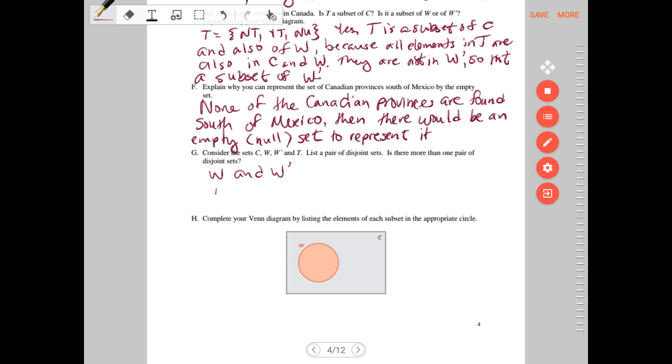Okay? We know that T is also not a subset of W prime, so therefore they would be disjoint. Okay? So, again, disjoints are sets that do not contain similar elements.